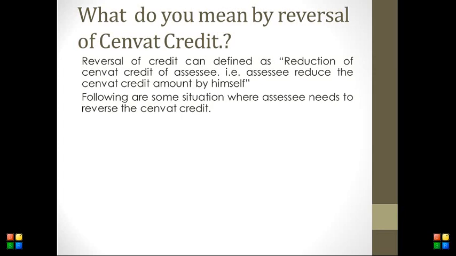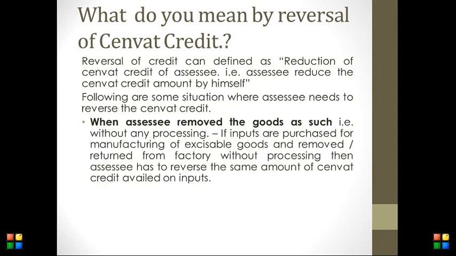Following are the situations where the assessee needs to reverse the Cenvat credit. First, when the assessee removes the goods as such, that is, without any processing. If the goods are purchased for manufacturing of excisable goods and removed from the factory without processing, then the assessee has to reverse the same amount of Cenvat credit availed on the input.